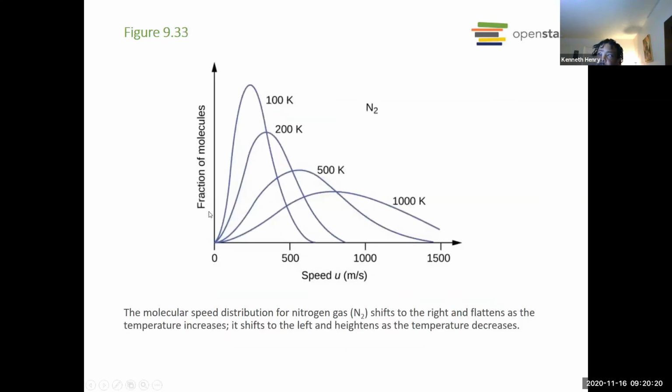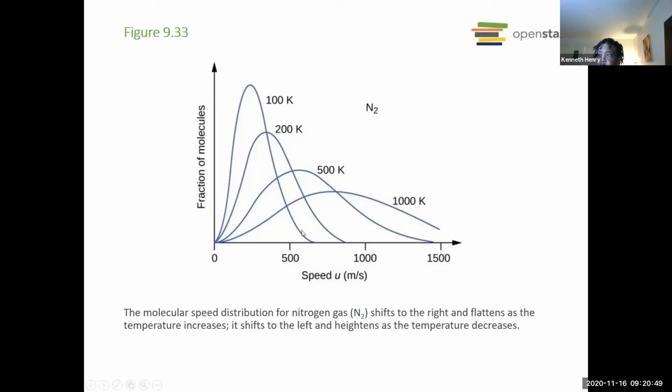So if we take a look at this, it represents fractions at different temperatures of the same gas. So this is nitrogen. As nitrogen increases in temperature, you're going to have a wider distribution of speeds. A lot of the stuff is going to be moving faster, right? You're still going to have some of the stuff that's taking a little bit to get started, but you're going to have a distribution of each of those molecules of nitrogen.